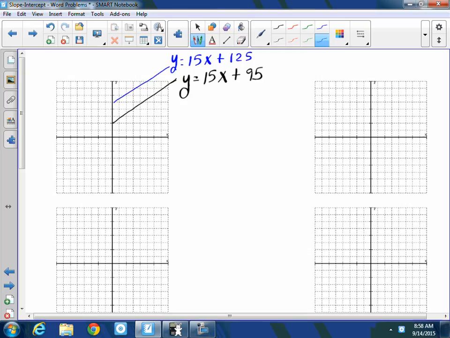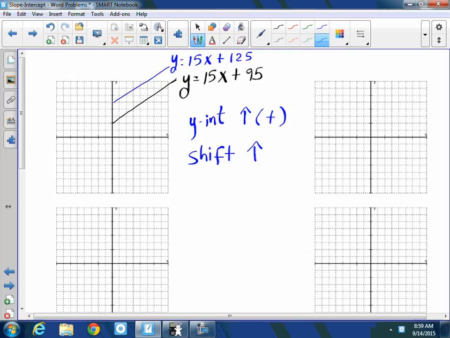Okay, so if the y-intercept is higher, if I increase it, what's going to happen to the graph? It's going to shift up. What do you think is going to happen if I make the y-intercept less?